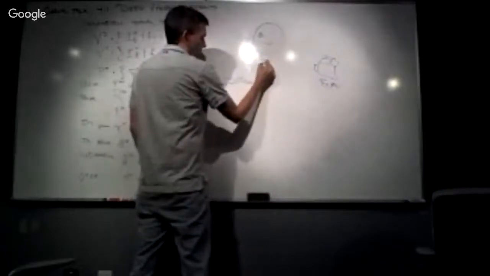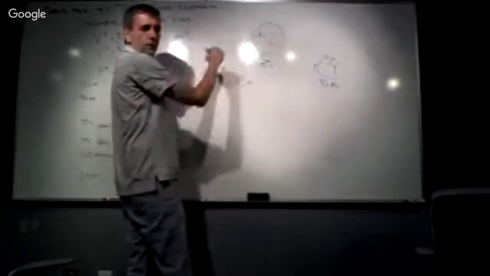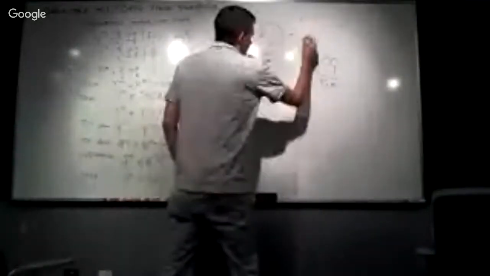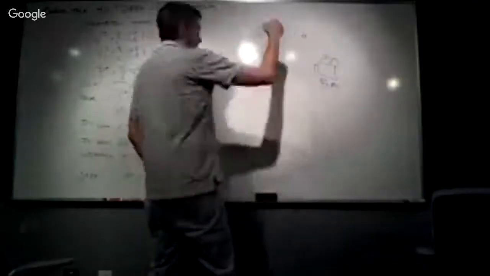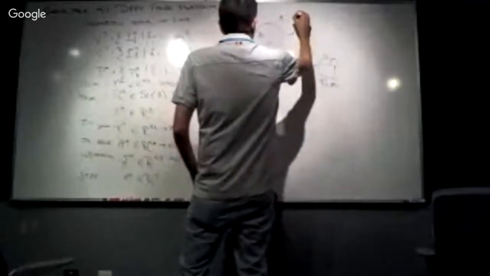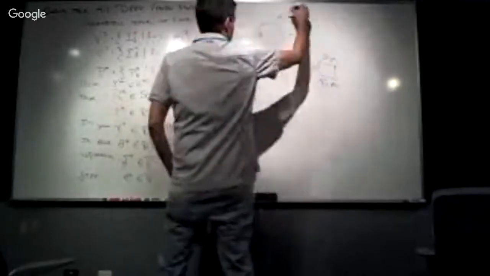So we have rotation and translation that specify how this head is in space. The expression, and then we have beta, the illumination that represents how light falls on this guy's face.